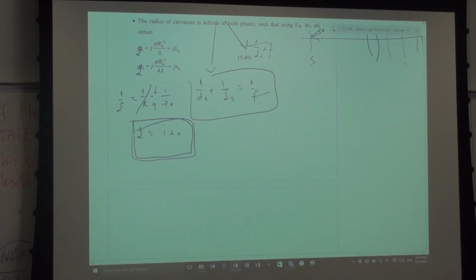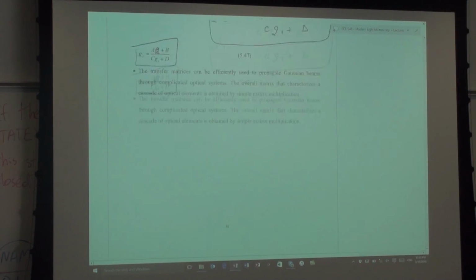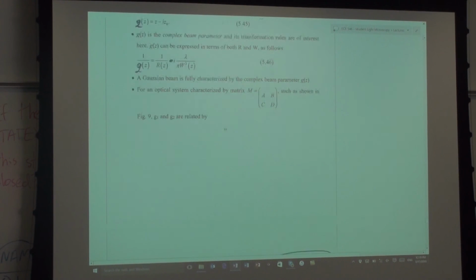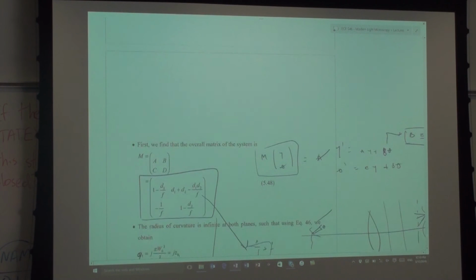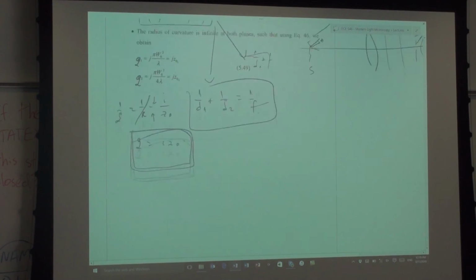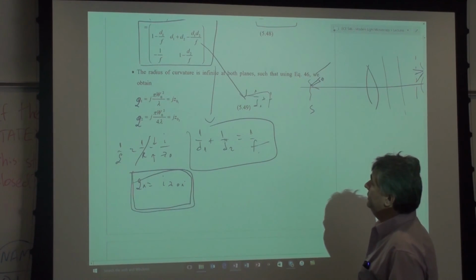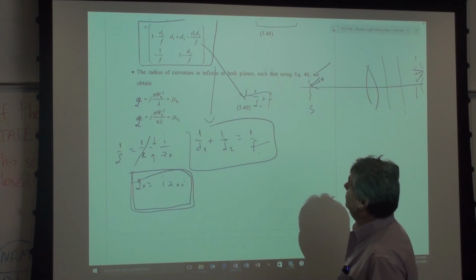I think that is true. So this should be a minus. There we go.